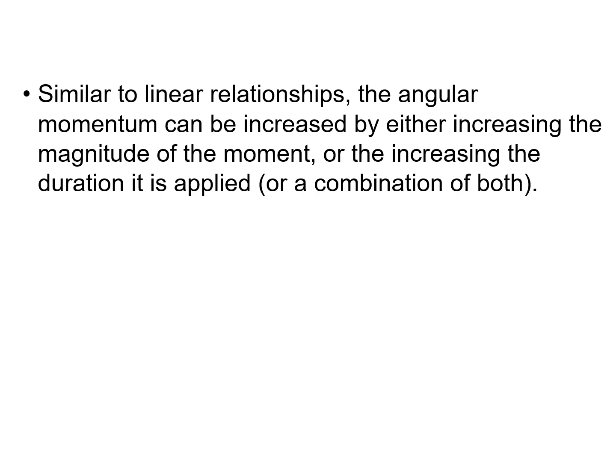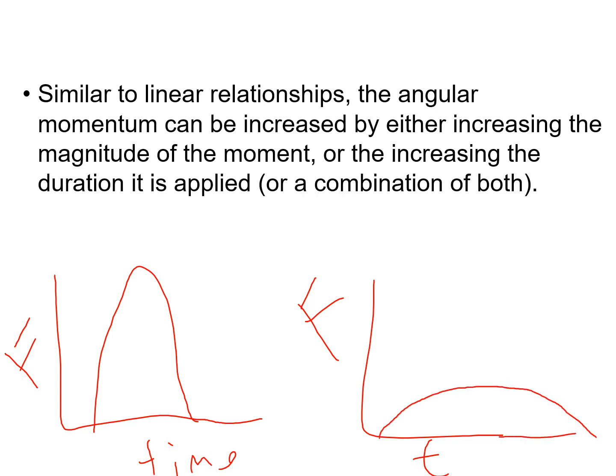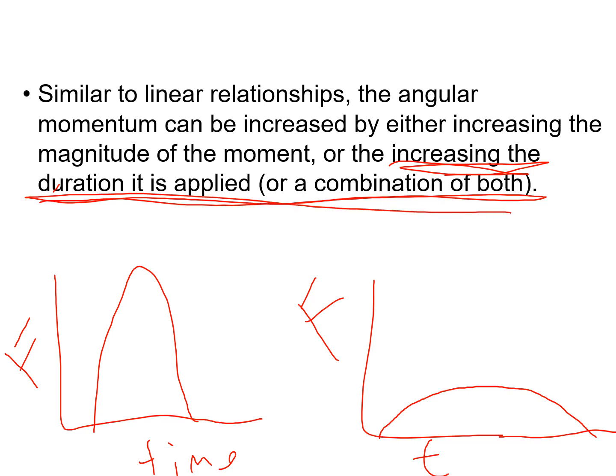Remember, we had those two graphs, okay, where we're looking at time and force, and we saw that we can either increase force or we can increase time, okay. We can do the same when we're looking at angular momentum as well. So this right here, once again, may be a really good exam question.